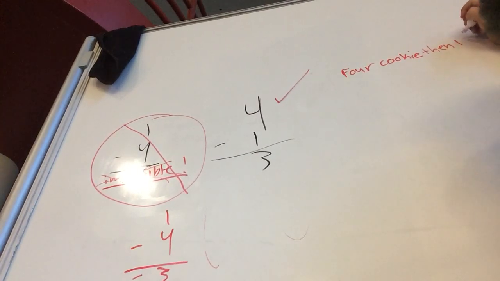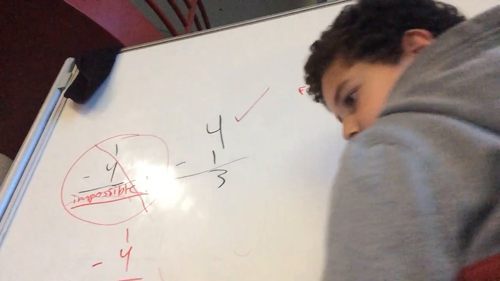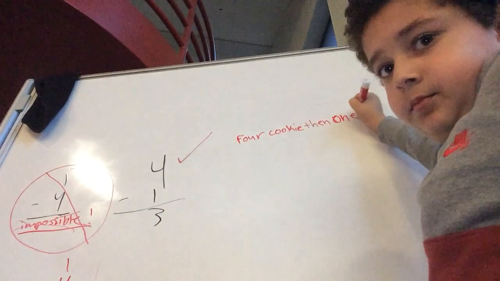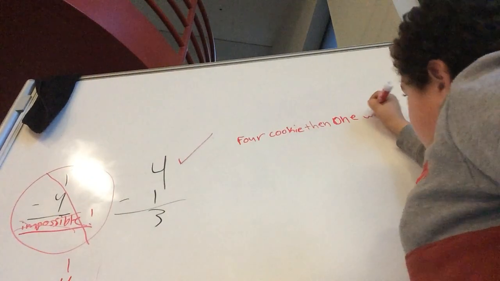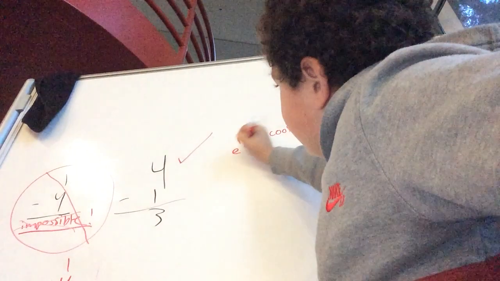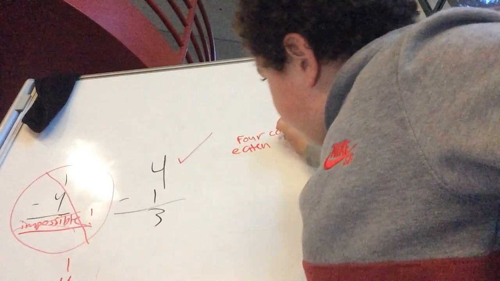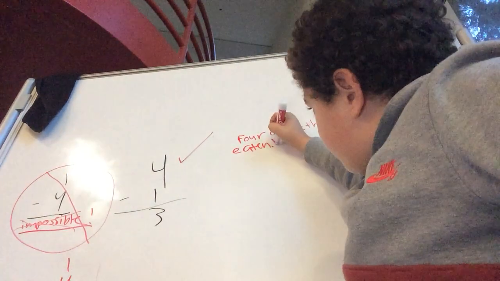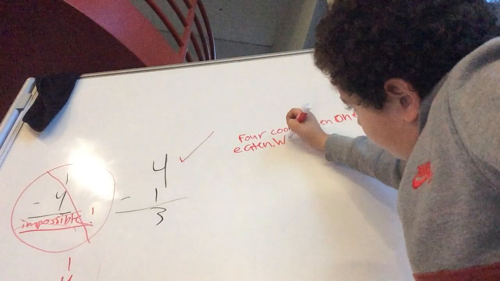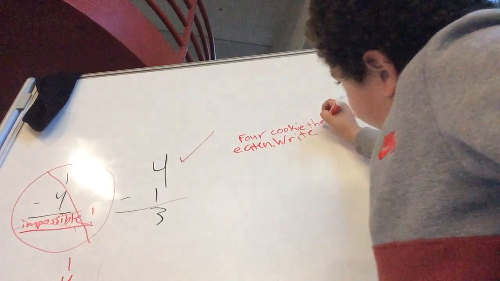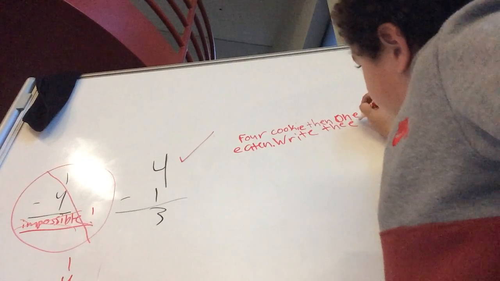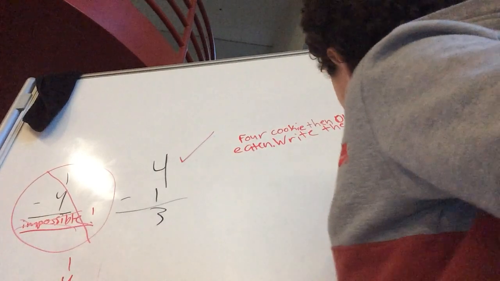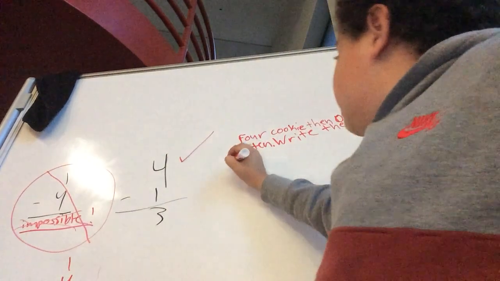No, I actually have to spell it. Sorry, I'm moving this a lot. So 4 cookies, then 1 was eaten. Right? The equation. Sorry if I spelled it wrong.